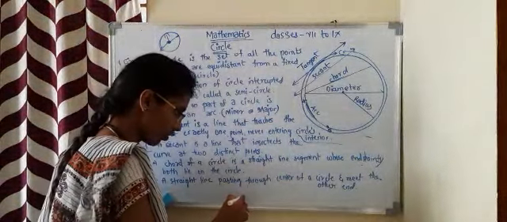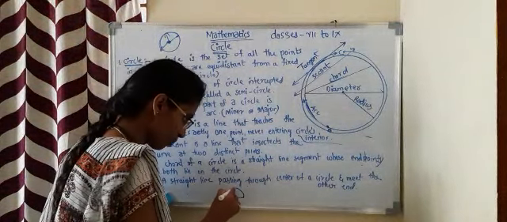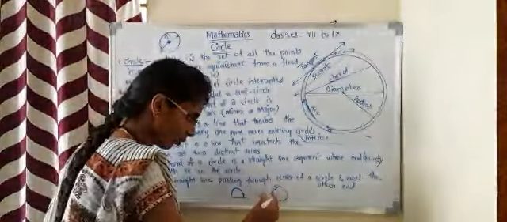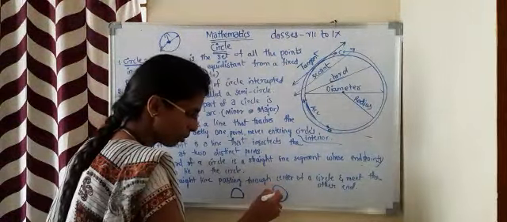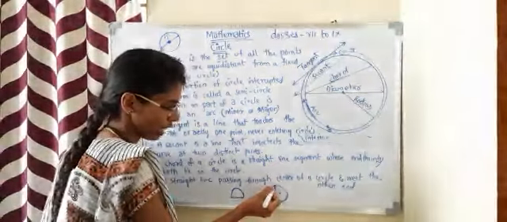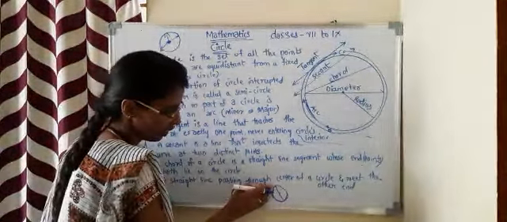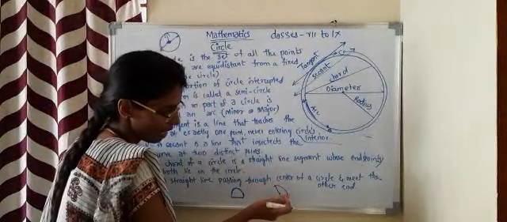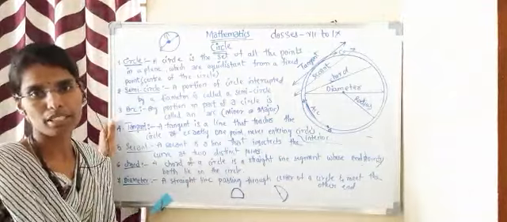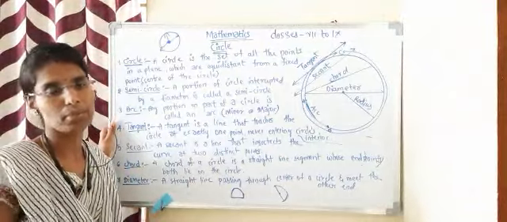As we know, a diameter passes through the center of the circle. So either this part or this part is called a semicircle. Half of the circle, divided by the diameter, is called a semicircle.